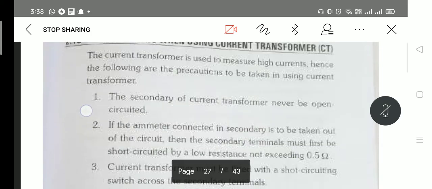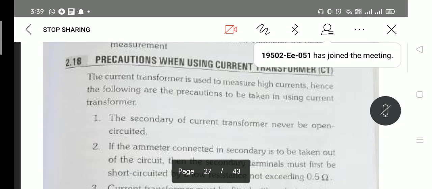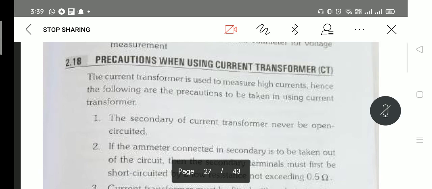In this current transformer we have some precautions, because we measure high currents. That is, the secondary of the current transformer must never be open circuited.